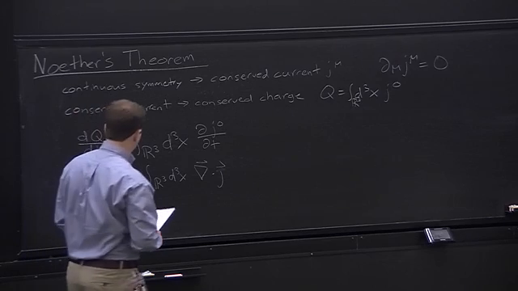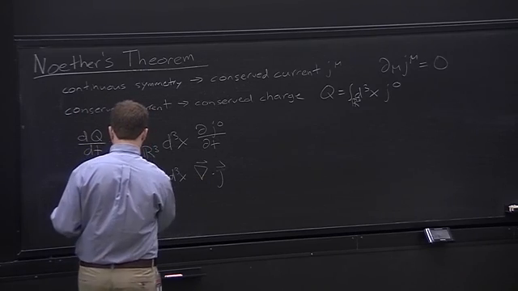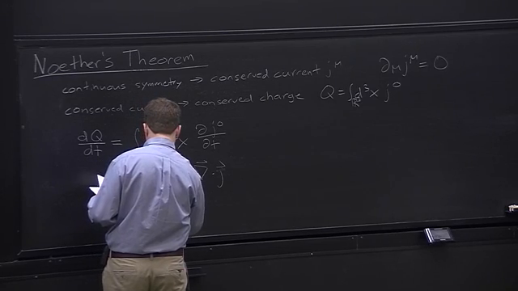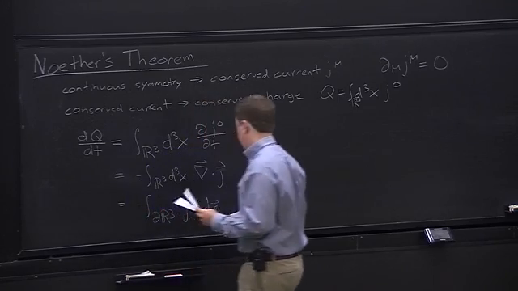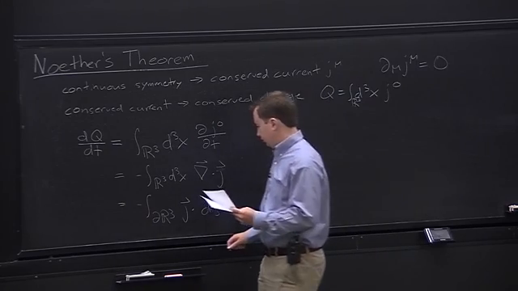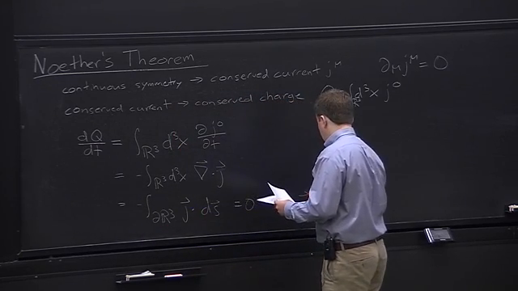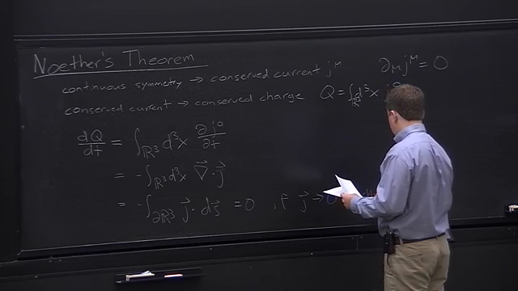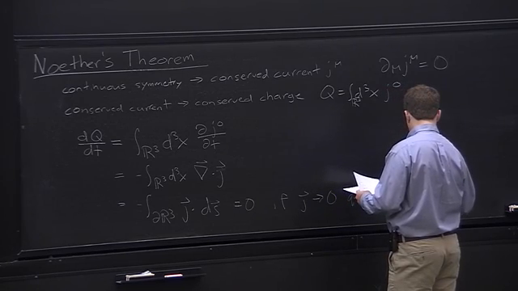But we can convert this volume integral to a surface integral using Gauss's theorem. So we can write this as an integral over the boundary of J dot dS, where dS is a normal vector along the boundary. And this is equal to 0 as long as J goes to 0 quickly enough as x goes to infinity.